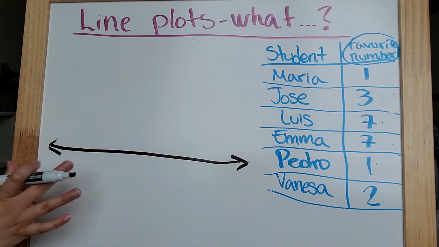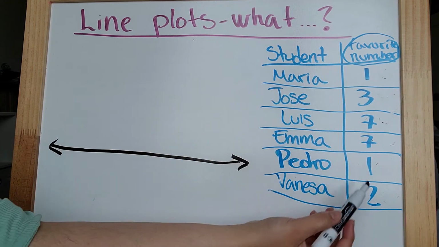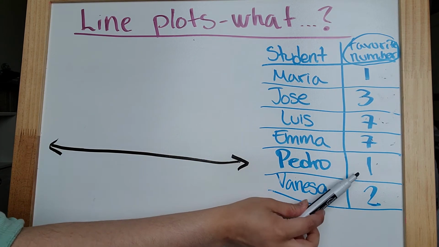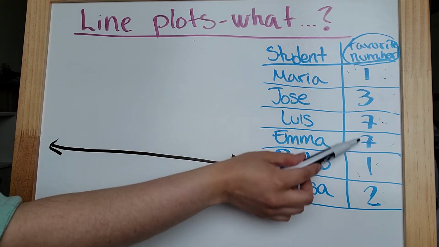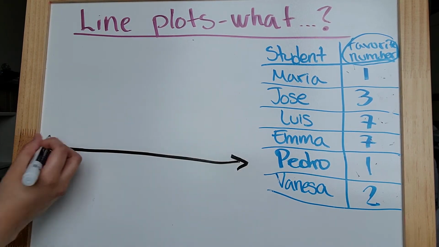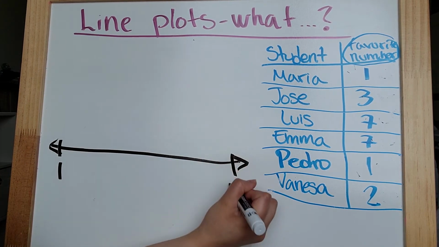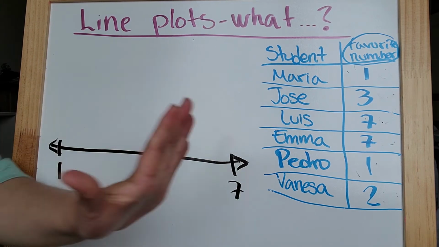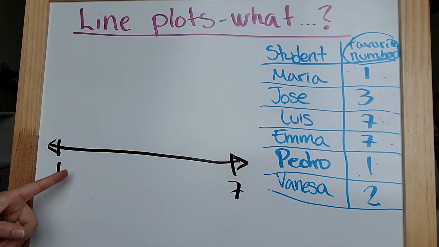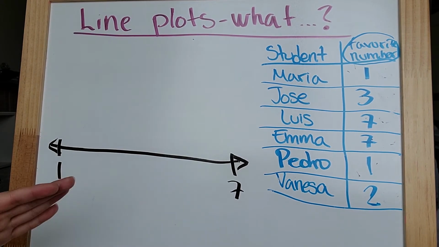Now, to decide what numbers go in the line plot, you're going to look at your data. You're going to see that your smallest number is number 1 and that your biggest number is 7. Okay, so now you go ahead and say, I have 1 and I end with 7. Okay, now I'm going to say how many numbers more do I need to plot in this data?